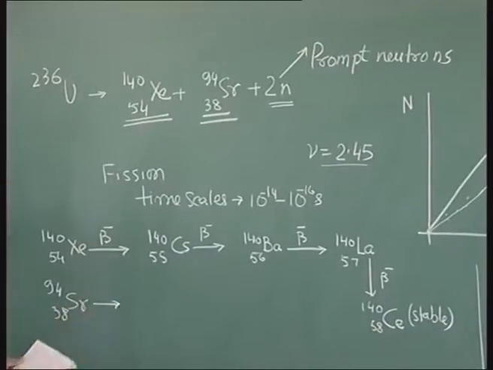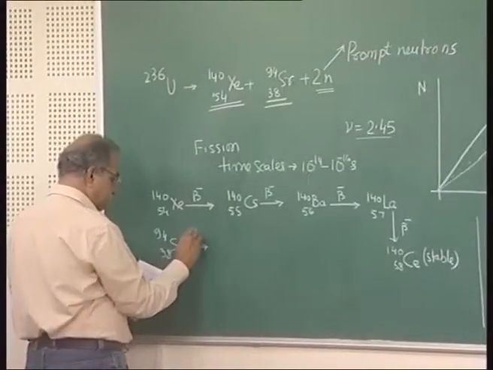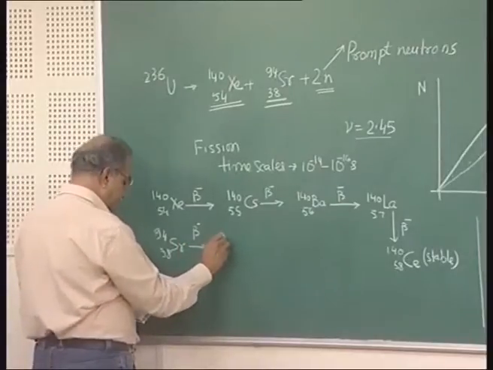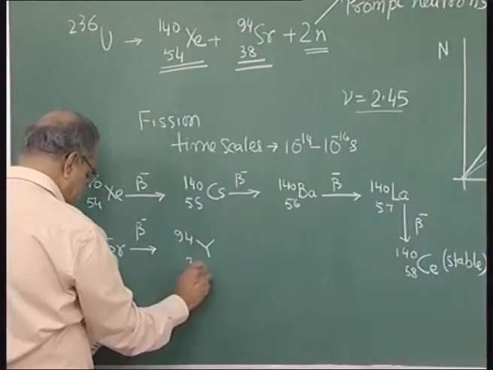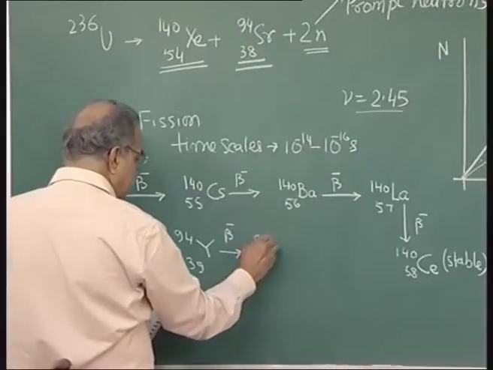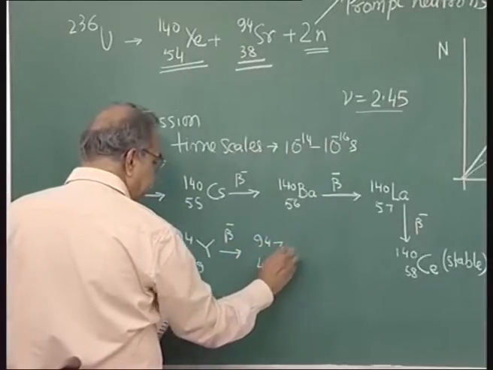This also has excess neutrons. So, this beta decays to 94 Y, yttrium, and that beta decays to 94 zirconium, and this is stable.